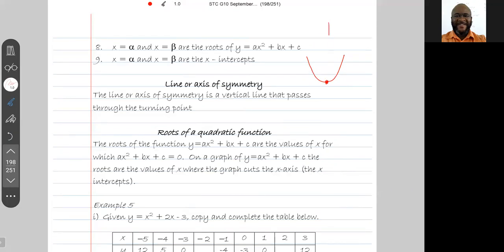The vertical line that passes through it, this line is called the line or axis of symmetry. So the line or axis of symmetry is a vertical line that passes through the turning point.